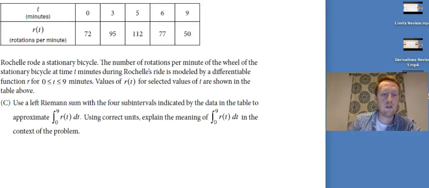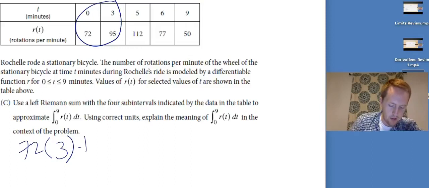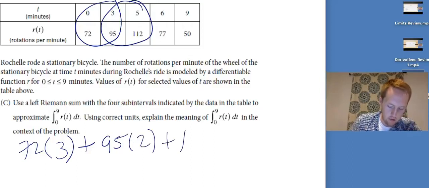So we're doing a left Riemann sum. That means we're going to start at the left side. We're going to take that 72, and we're going to keep it for 3 minutes. Plus 95, and we keep that for 2 minutes. Then we've got 112 that we keep for 1 minute.